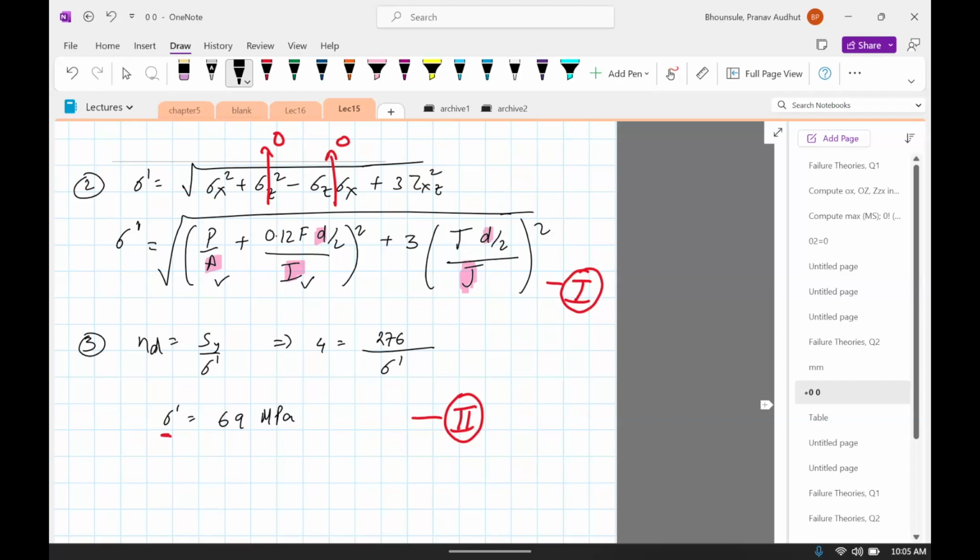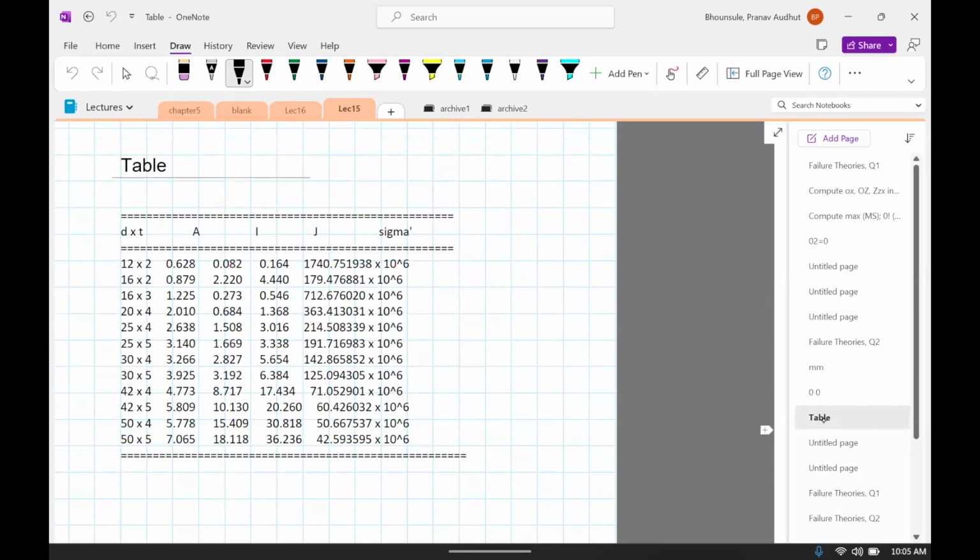You need to do it for every single value until you find the biggest possible value, but less than 69. This is probably most easily done if you use Excel or some kind of programming environment. What I did was I think I used MATLAB to make a table.